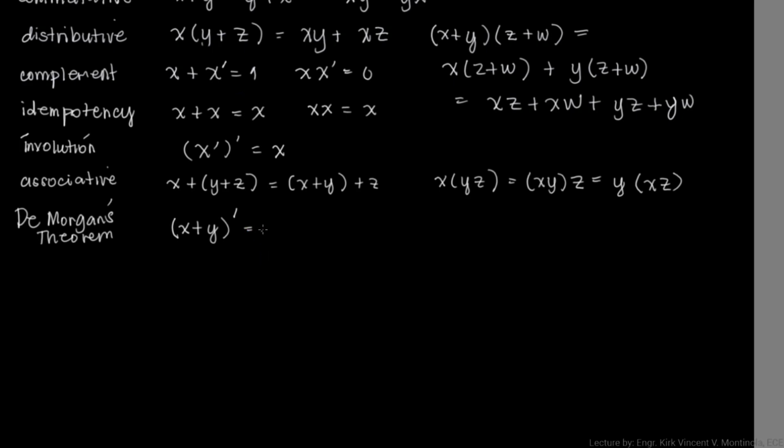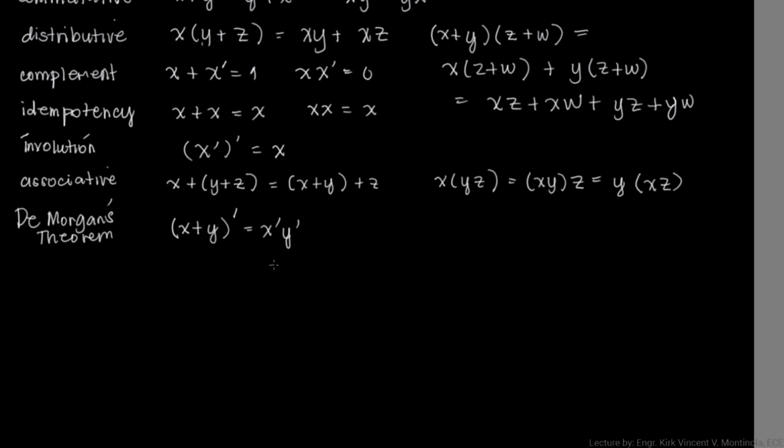So what happens is that it becomes x complemented, then this time that is a product. If you want to distribute that prime to each individual variable, you need to replace the positive sign with multiplication. So that is De Morgan's theorem.